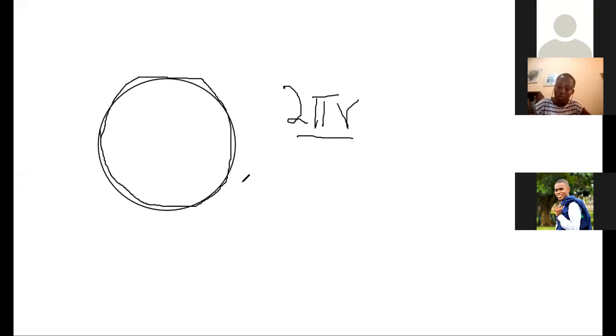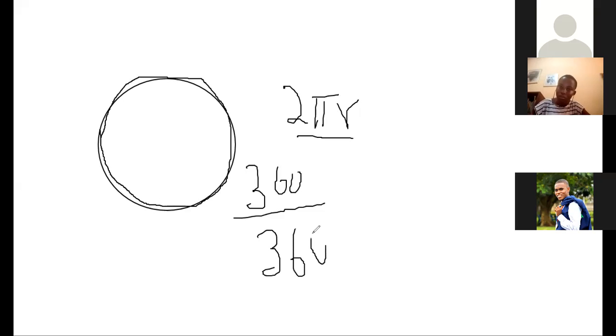Now, it's because you are walking all the 360. If you are told to walk around a particular playing field and the angle in the playing field is 360 degrees and you walk around it, you have walked all the 360 over the total was 360.